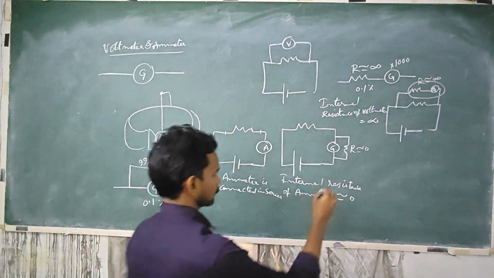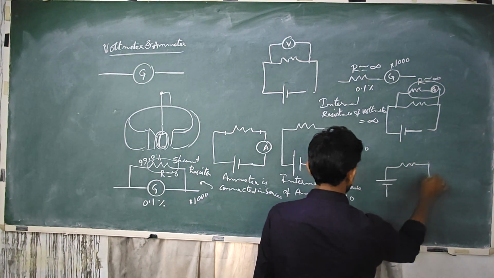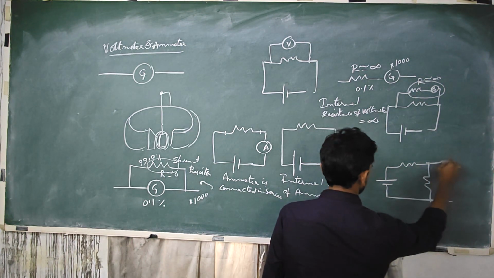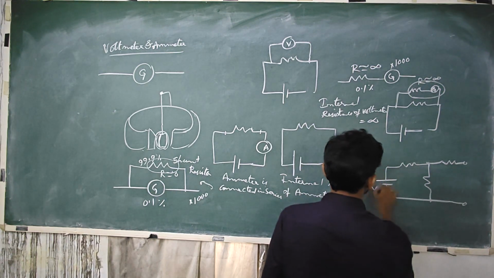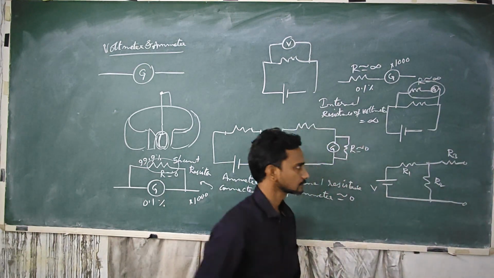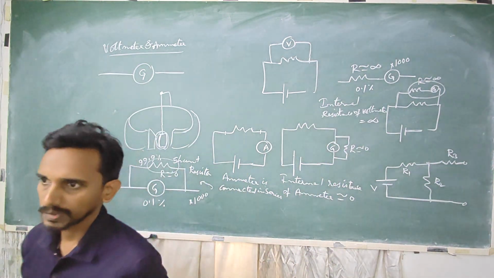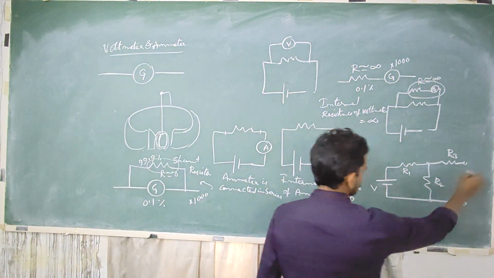So now let us see, let's say I have a circuit like this. What happens if I connect a voltmeter here?